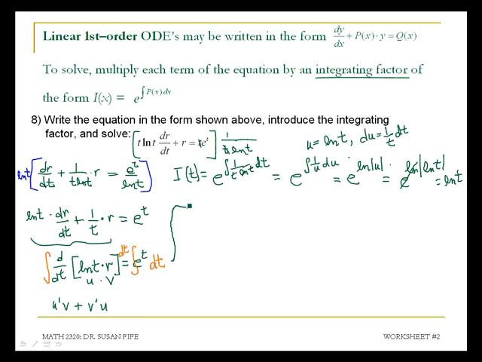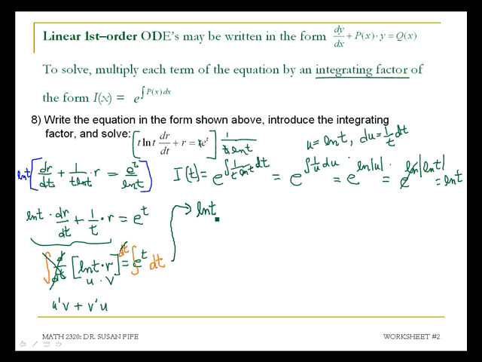And on the left side of the equation, this integral and that derivative will cancel each other out. They're inverse operations. It's going to leave you what you have inside of brackets here.